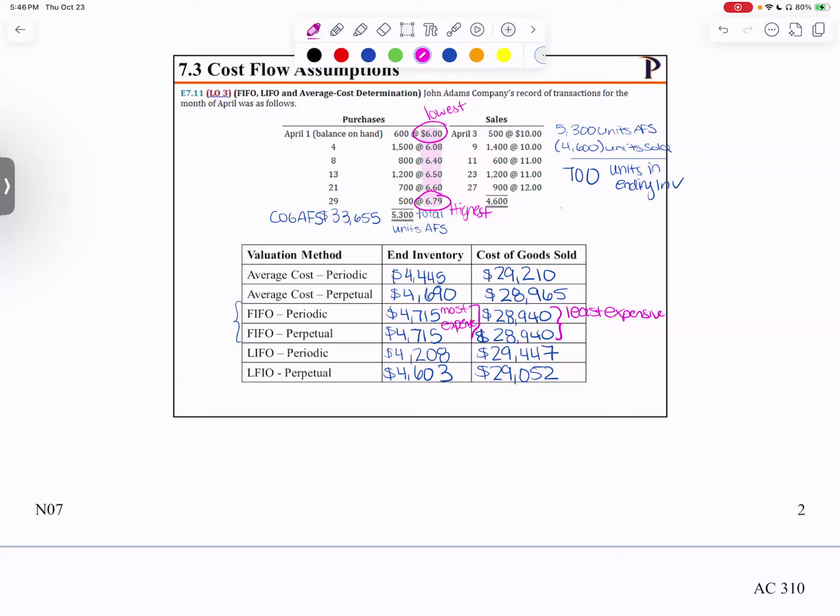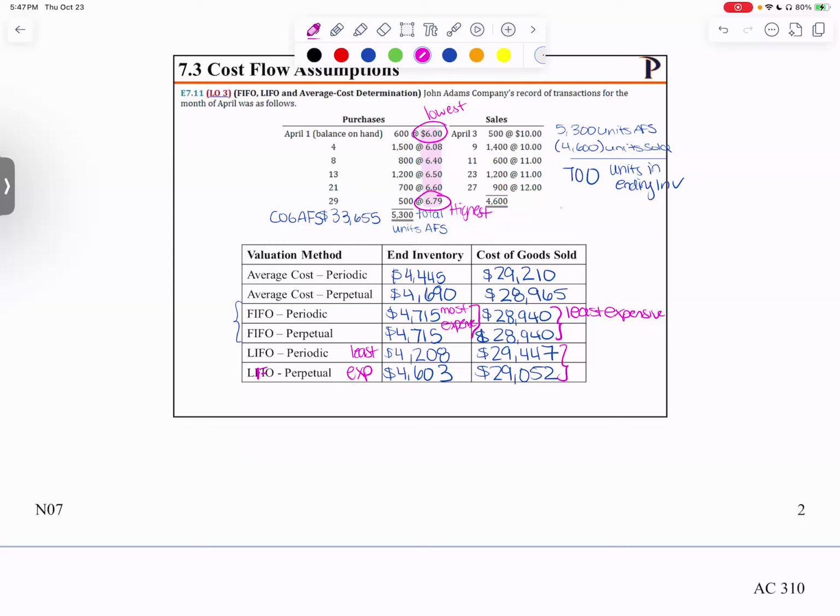So then with LIFO, we'll see the opposite. So with LIFO, our ending should say LIFO, sorry about that. So our ending inventory is going to be comprised of our earliest purchased goods at the lowest prices. So our ending inventory is going to be the least expensive. And then our cost of goods sold will be comprised of our most recently purchased goods at the highest prices.